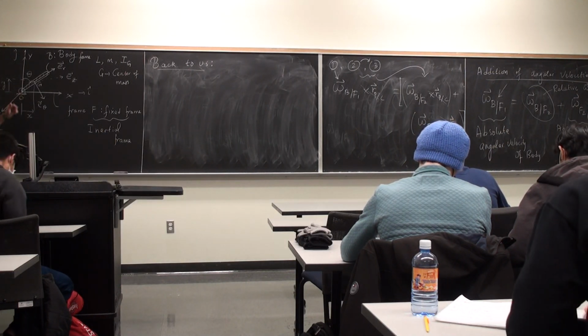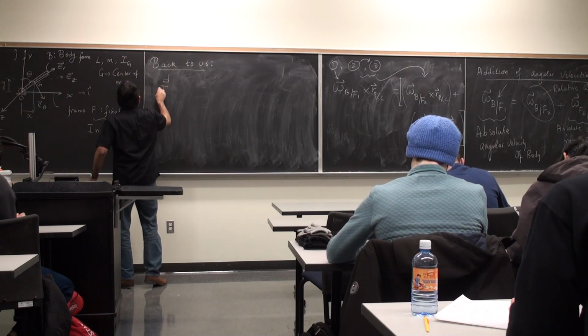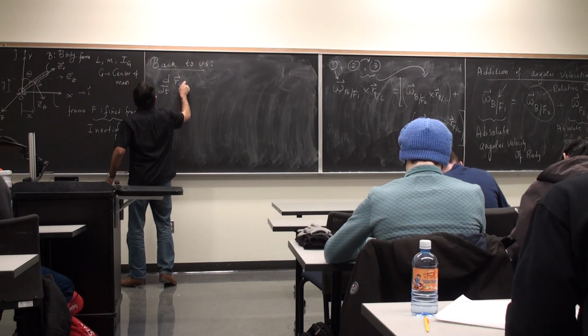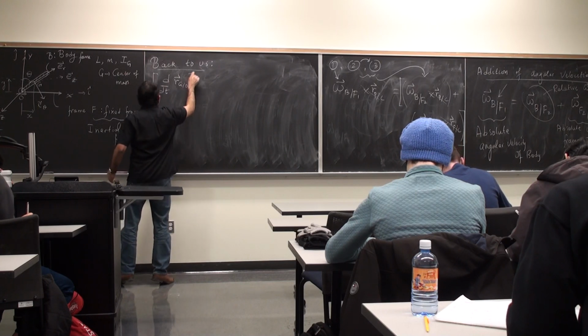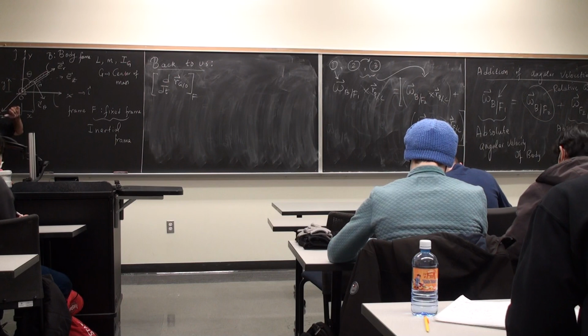The aim is to find the velocity and acceleration of the center of mass. So I have d by dt. Back to our problem where F is a fixed frame or inertial frame.